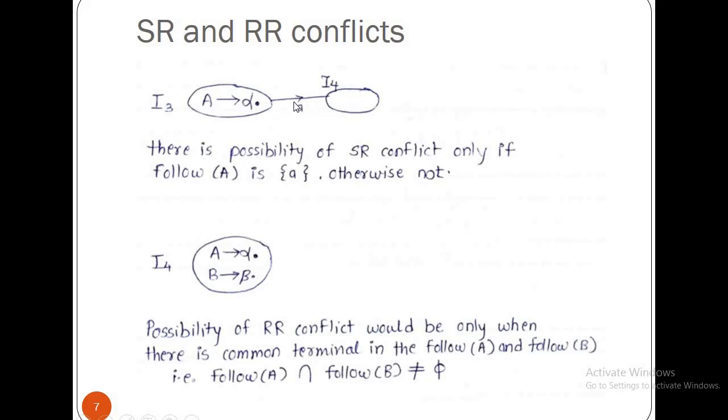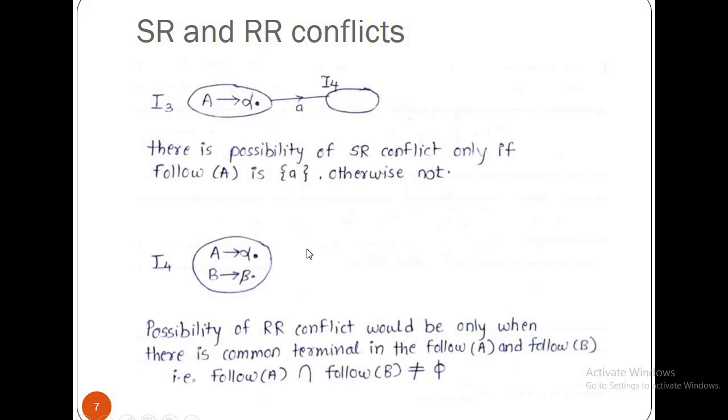Shift action is also to be performed with respect to a. So the possibility of an SR conflict with respect to this transition diagram is only if follow of A is small a, otherwise not.